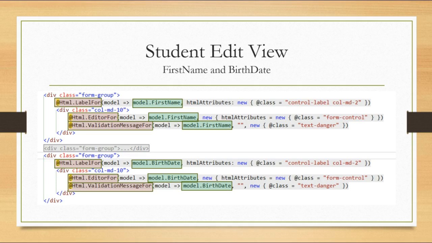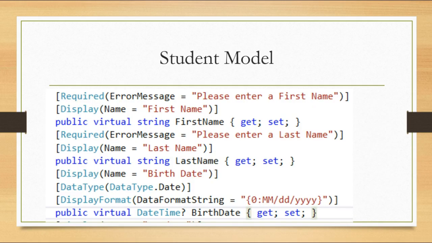Let's take a quick look at the student model. This is from the model. Notice we have first name. We have last name, which we're not going to use too much, but at the bottom we have the birth date of the student. And here we have the data type of date.